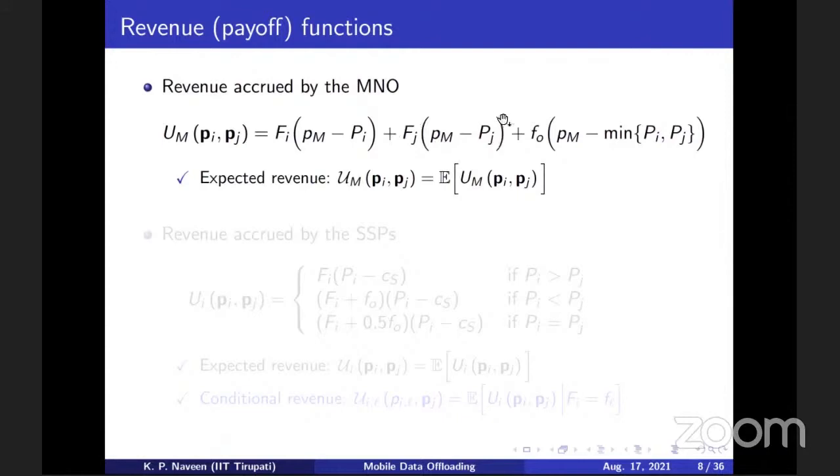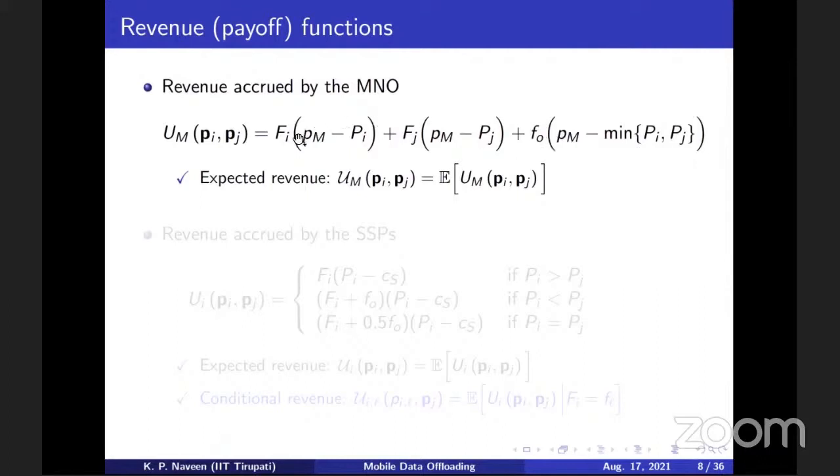Similarly, this is the net revenue made by offloading the monopoly flow Fj to SSP j, and the overlap flow is obviously going to be offloaded by the MNO to the SSP that sets the lowest price. So this is the revenue made by offloading the overlap flow.